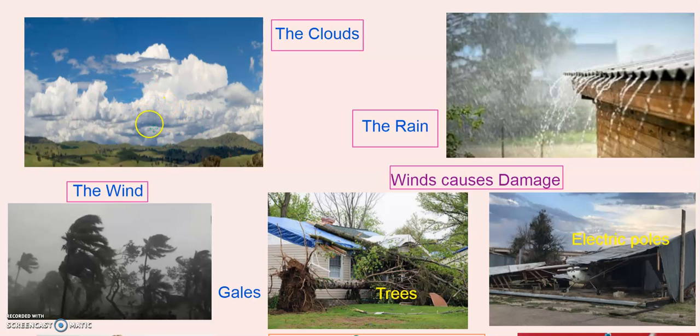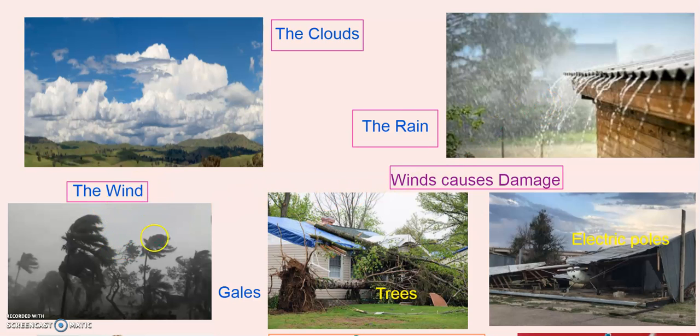When it rains, we feel pleasant weather. After some hotter days, when it rains, we feel very happy. In the winter season, if rain comes, how do you feel? Yes, we feel extreme cold.